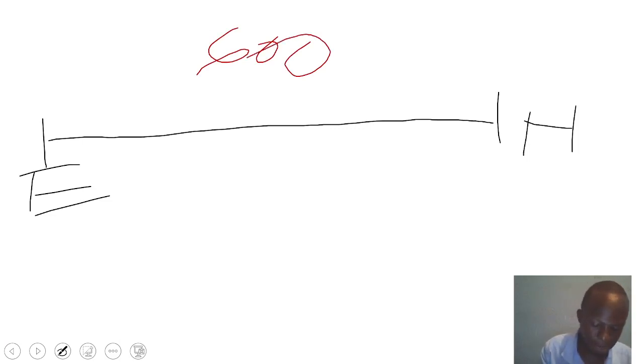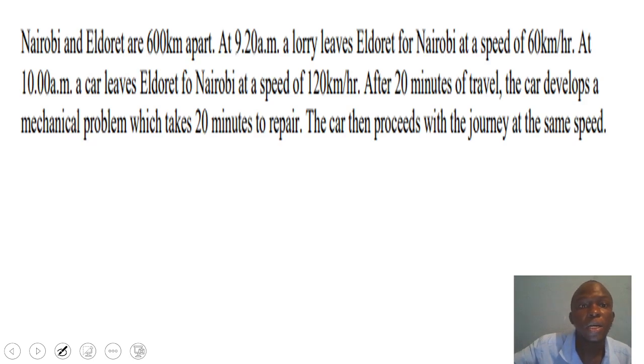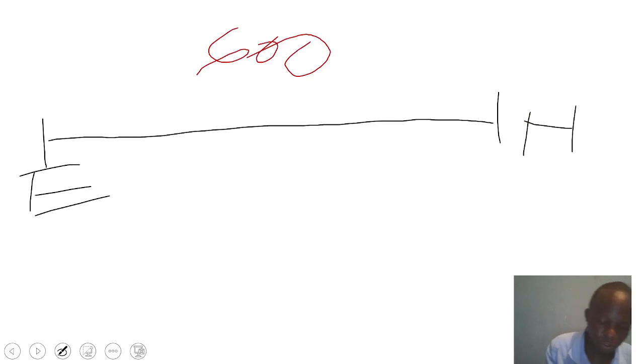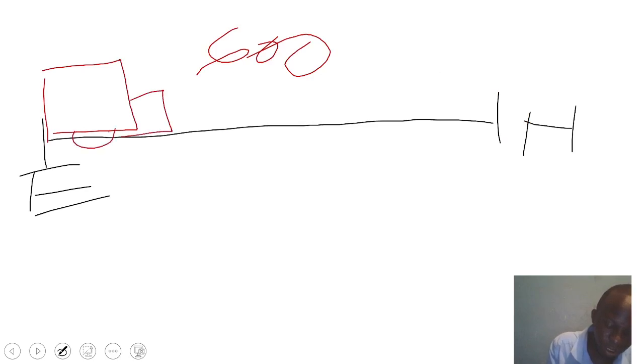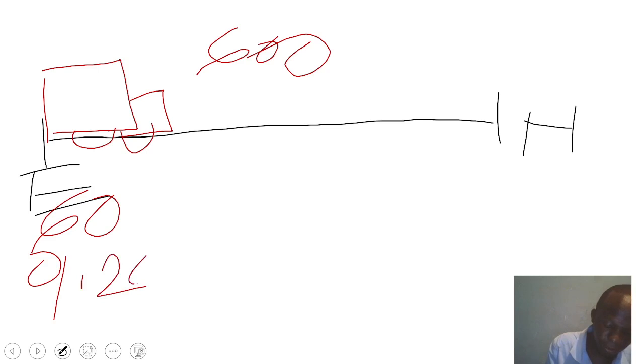The lorry leaves Eldoret for Nairobi at 9:20 a.m. at 60 kilometers per hour, moving in that direction.